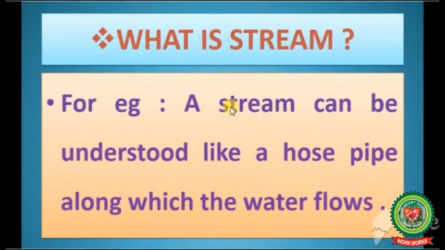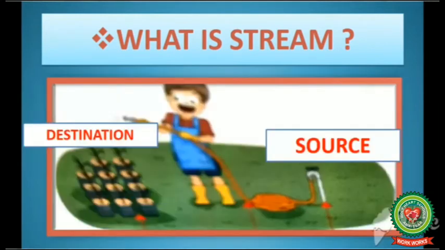For example, a stream can be understood like a hose pipe along which water flows. See, in the example, this water container is a source from which water travels and these shrubs are the destination. So, water is coming from a hose pipe through the source to a destination.